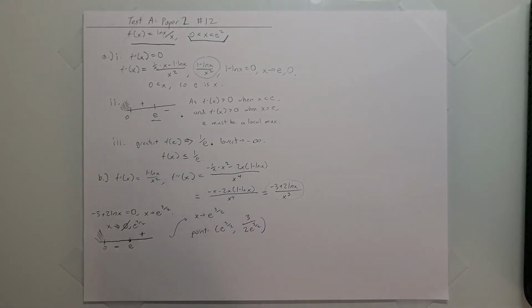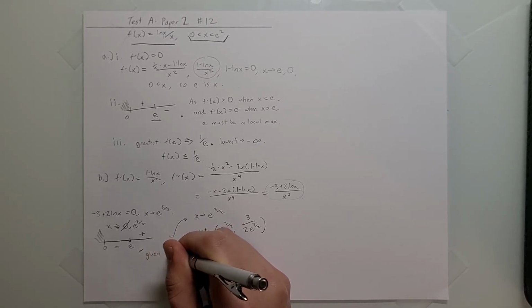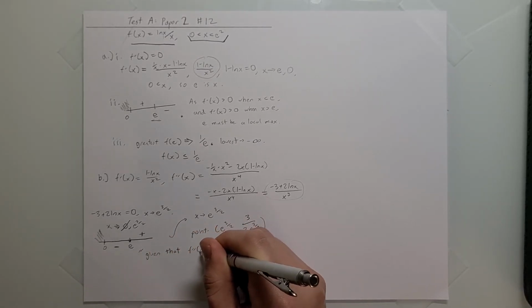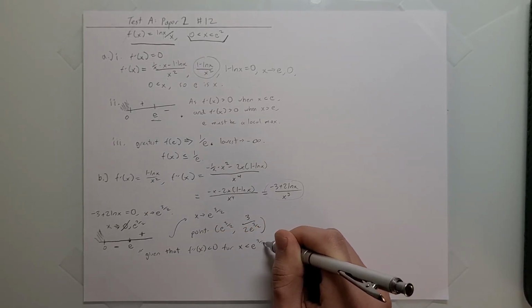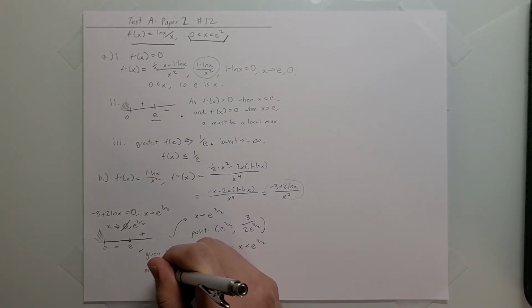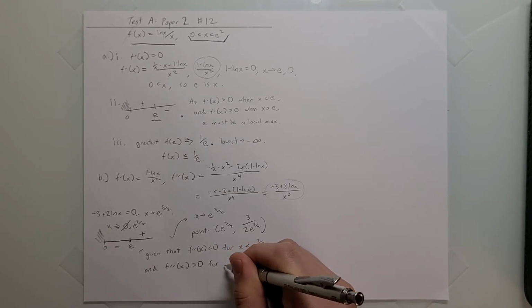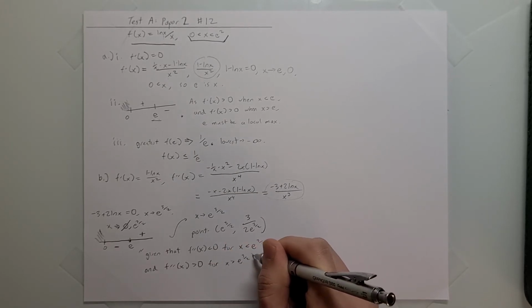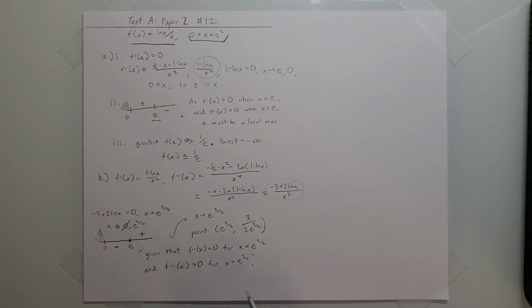However, if you want to, just for security, you could say something like, given that the second derivative is less than 0 for x less than e to the 3 over 2, and the second derivative is greater than 0 for x greater than e to the 3 over 2, this point would have to be a point of inflection. Okay, so now we've proven what point is the point of inflection, and we've determined which point that is.